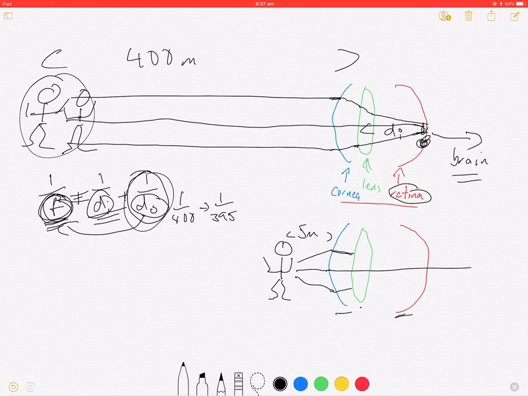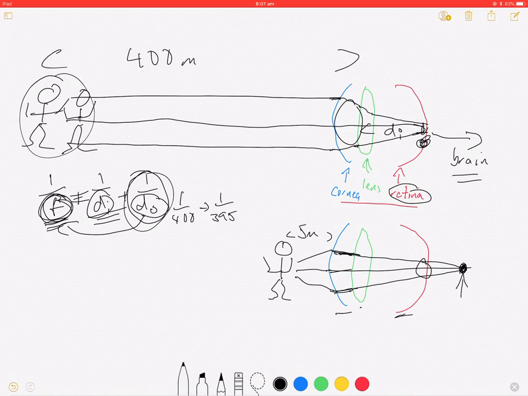The cornea will refract some, the lens will refract some, but now when we focus the image of the person here, you can see that because the person is so close and the angle of the rays hitting the lens is not the same as it was above in this diagram, the lens can no longer focus the image on the retina. Instead, the image is being focused here, behind the retina.